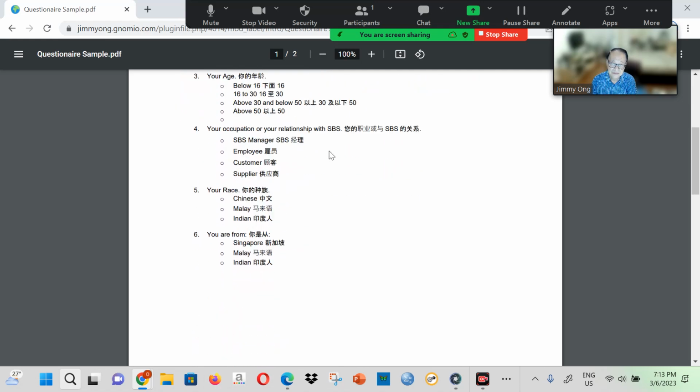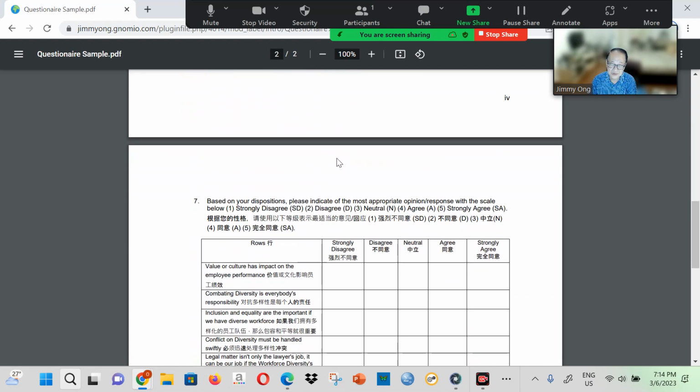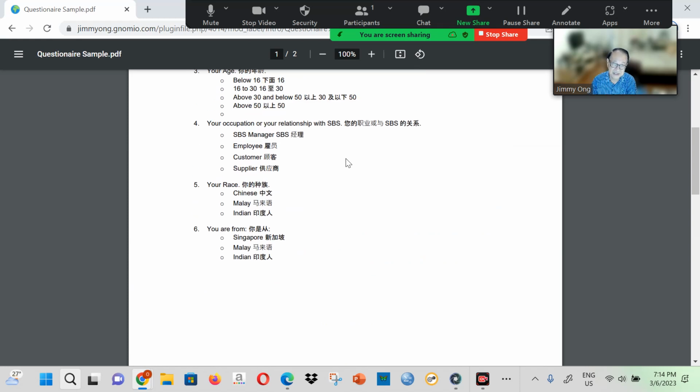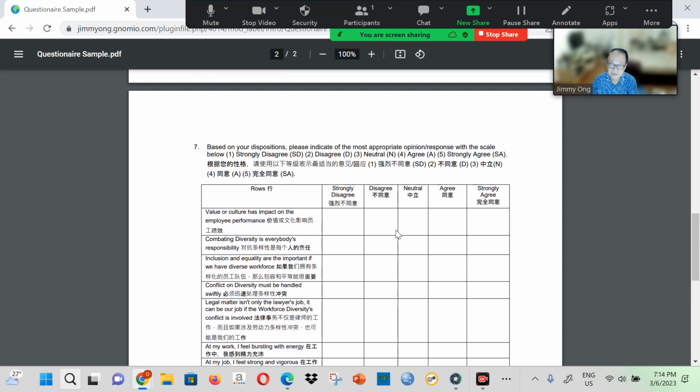When you come to inference or quantitative inference data, this is quantitative descriptive data. Descriptive data, as I mentioned to you, describes the sampling, and this one is about your population.